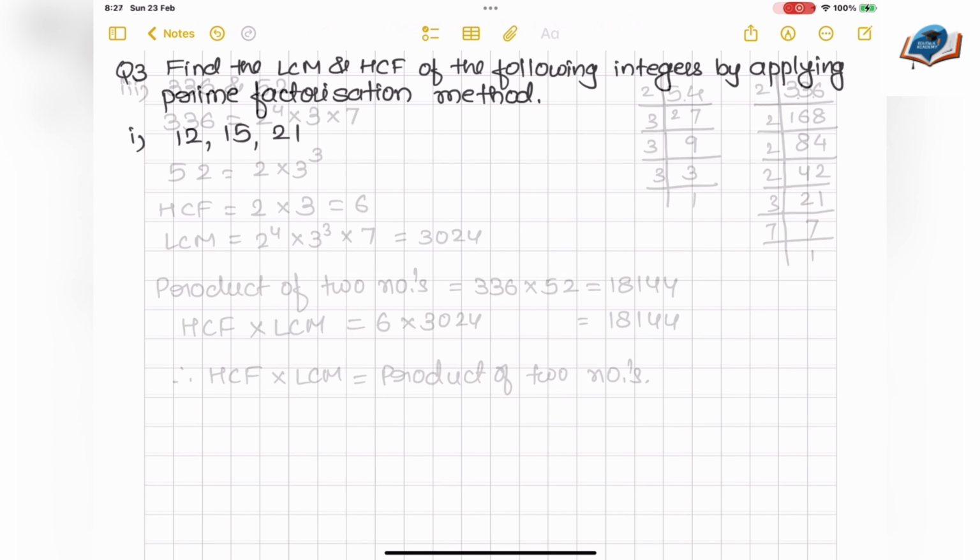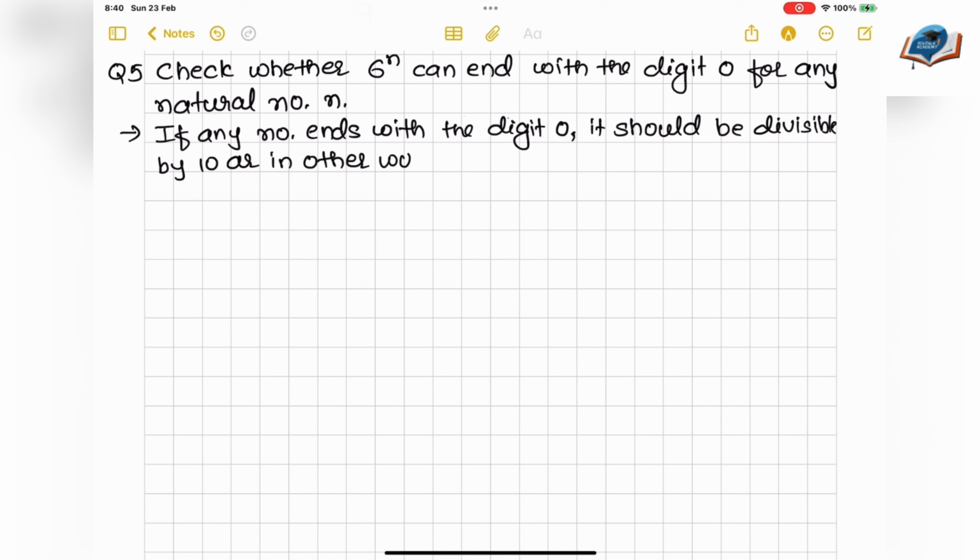So here I can write directly, if any number ends with the digit 0, it should be divisible by 10, or in other words, it will also be divisible by 2 and 5.